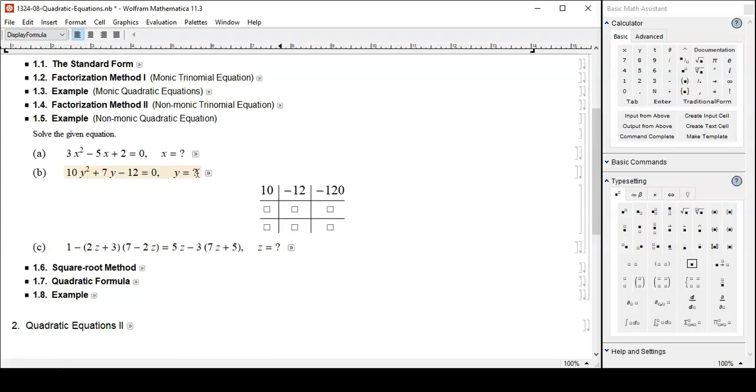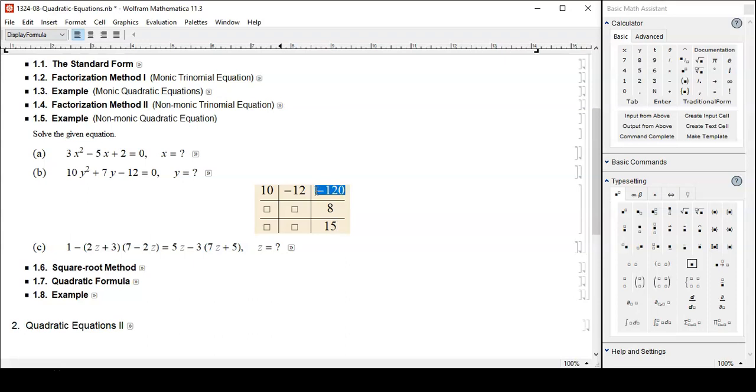What do you have there? 1 times 120, that never works. 2 times 60, still too far away. And then 3 times 40, think about all the pairs. Eventually you'll hit something. What do you have? You're going to get 8 times 15. 8 times 15 is 120.